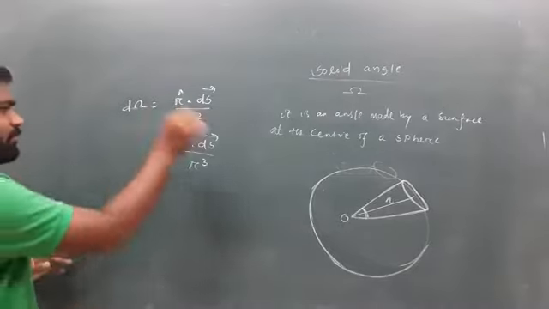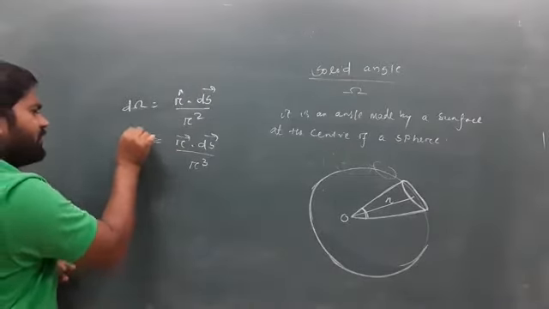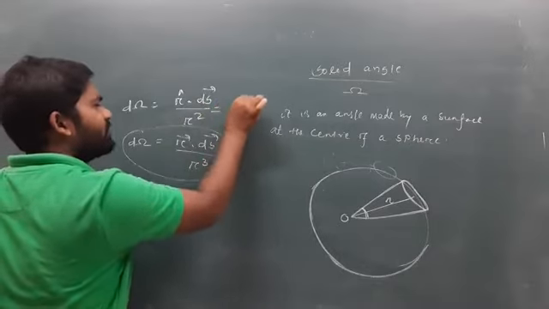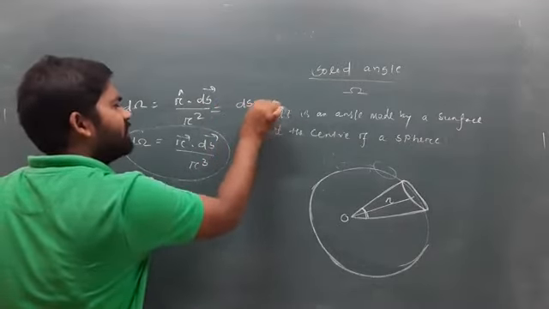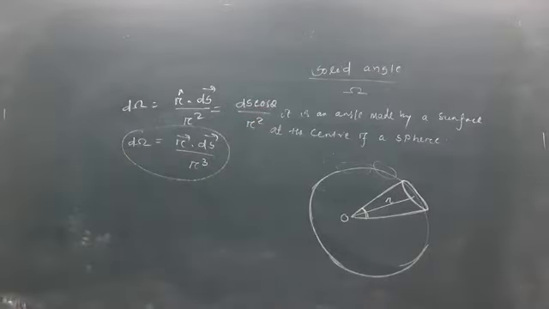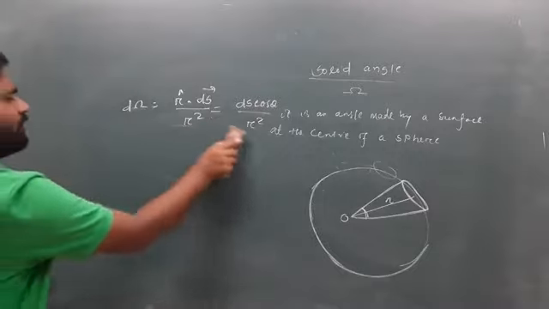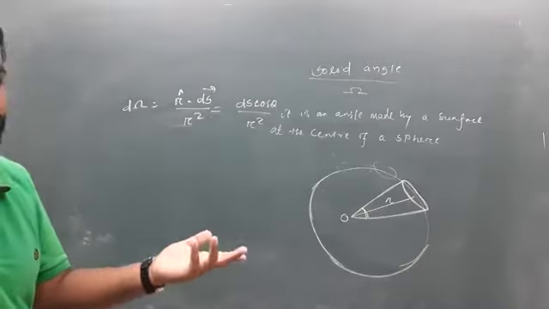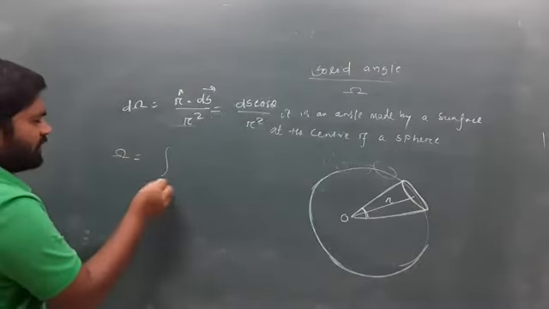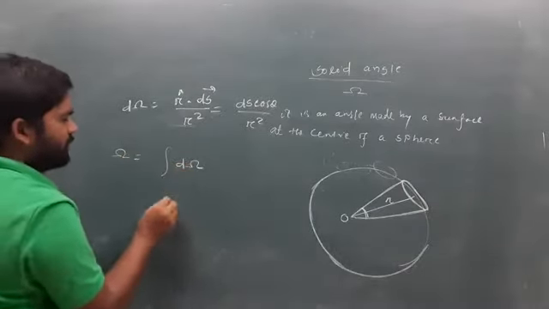From this relation you may find the solid angle, or simply we can say ds cos theta divided by r square. This is one standard definition of the solid angle, from which we can easily prove its value, because omega is the integration of d omega.